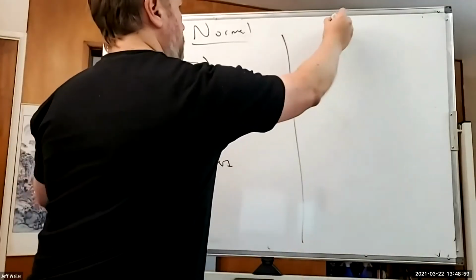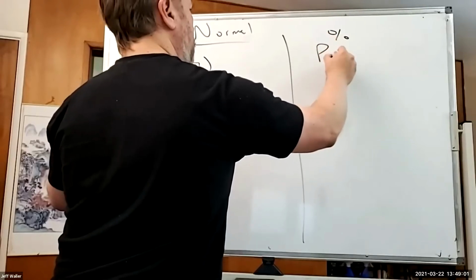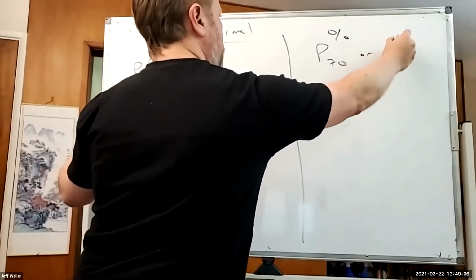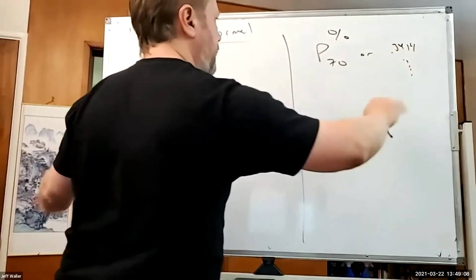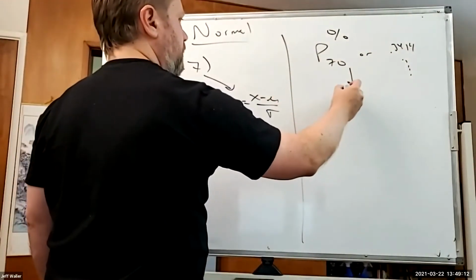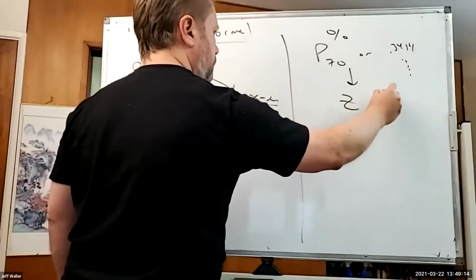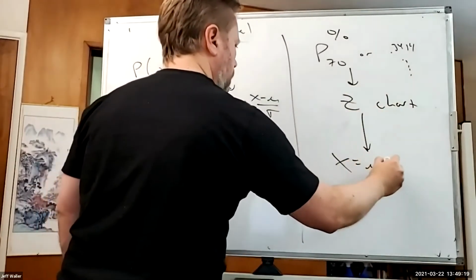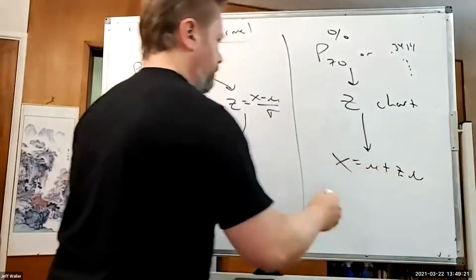If I give you a percentage, like a percentile, or like this problem just did, it gave us this percent, and I want to find something, I've got to first look up in the chart to get a z-score, and then I can use that to get a raw score.